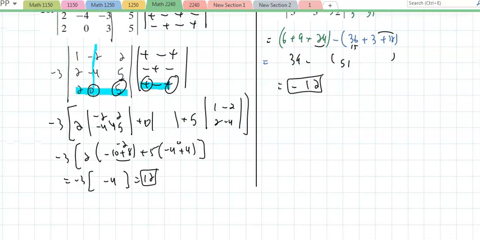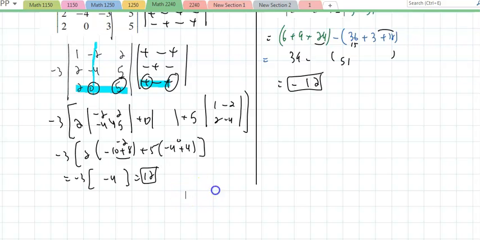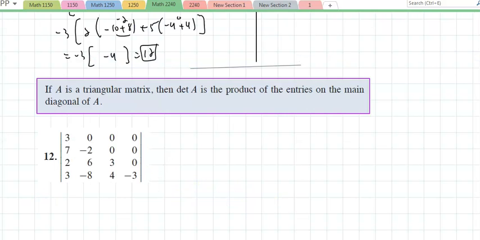And that's a quicker way of finding the determinant. And then keep in mind, the key is not just to find the determinant, the key is to understand how the process is done. Okay, a main theorem that I need you to get out of the way. It says a triangular matrix, remember what a triangular matrix is? Is a matrix with either this being zeros or this being zeros, either or.